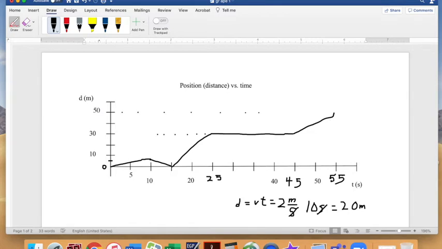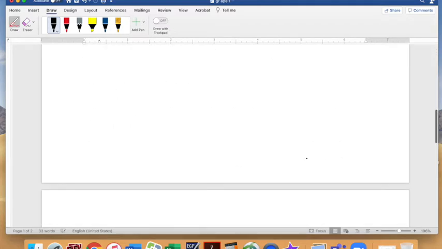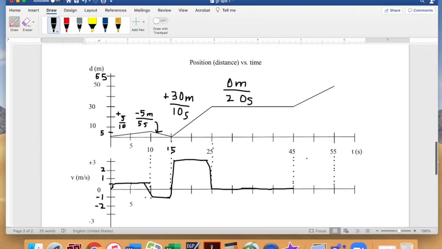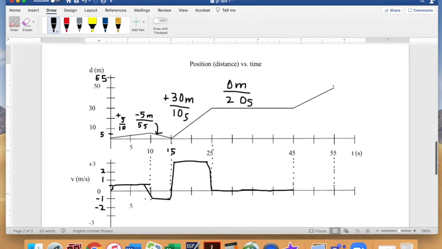And so all we got to do on the velocity versus time graph is graph a nice horizontal line, like how we've been doing. So it's going to be 2 meters per second for 10 seconds, because we already draw dotted lines to help guide us. So for that slope on the graph above the velocity versus time graph, which is the position versus time graph, we went up 20 meters and over 10 seconds.